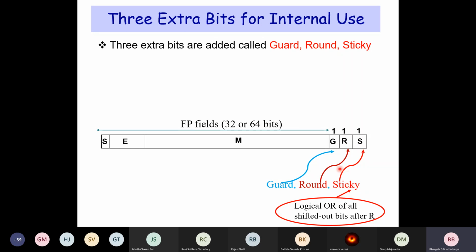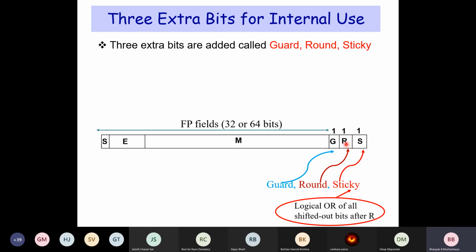When you shift, many bits may be shifted out. The last one which has been shifted, that is the most significant bit of the shifted bits, is called the guard bit. When you perform an arithmetic operation, you do not ignore this bit. You consider this bit and operate on it, so that the result becomes more accurate.